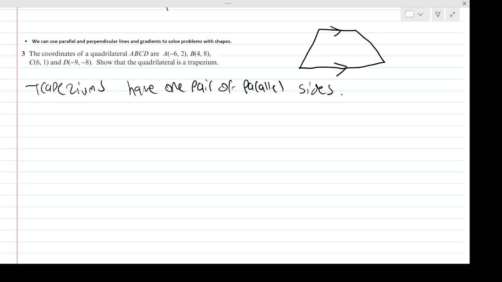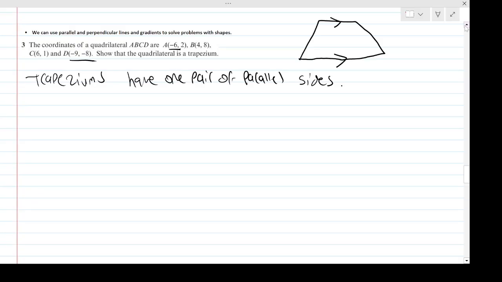Well then, it's given us these points here, so I think it's really helpful to plot the points, and then we can visualise what the graph will look like. So let's plot our points on, and I think that's the best strategy with these sort of questions, to plot points to see what you're working with.